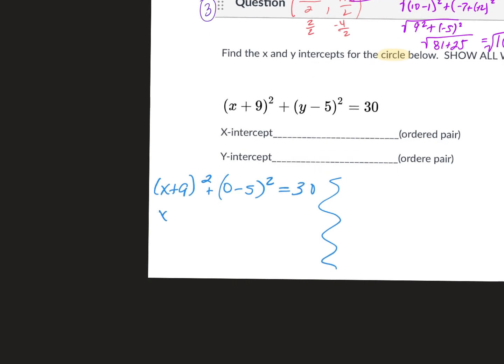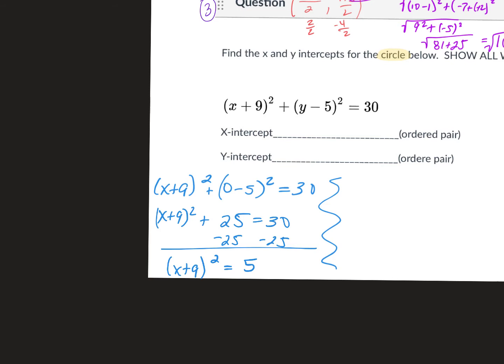So just simplify. x plus 9 squared plus, what's -5 squared? 25, right? Equals 30. Subtract 25 from both sides. So I have x plus 9 quantity squared equals 5.